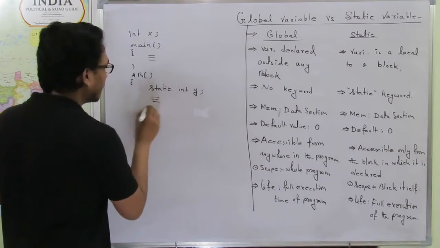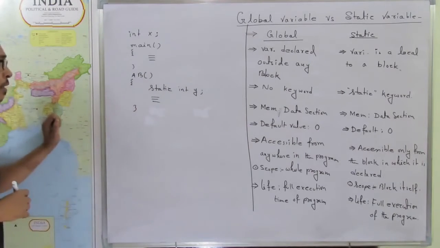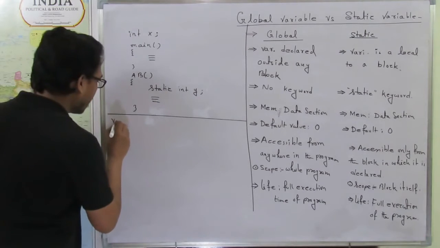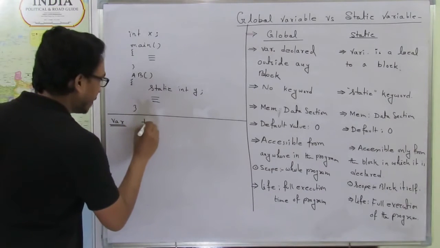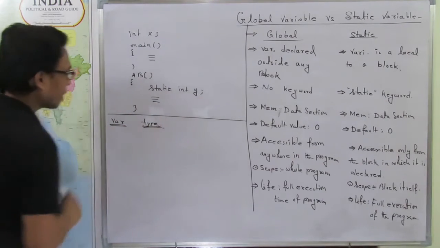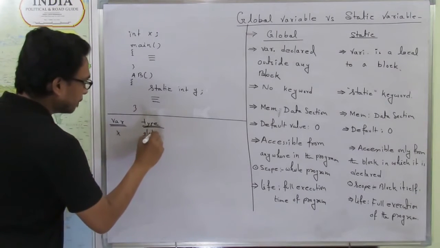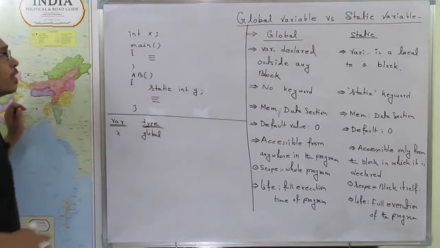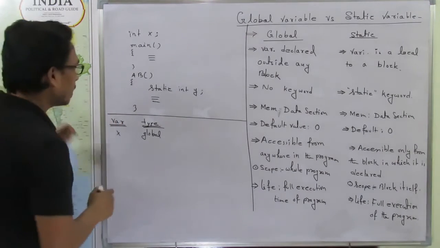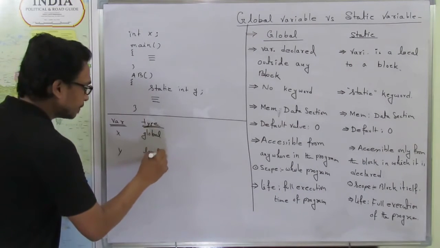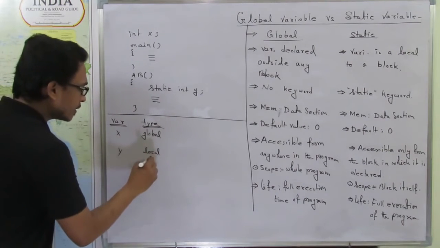Now some other instructions may be there. Now we have two variables. Look, variable x is a global variable as it is not declared within any block. Now variable y is a local variable. Clear? Local but static variable.